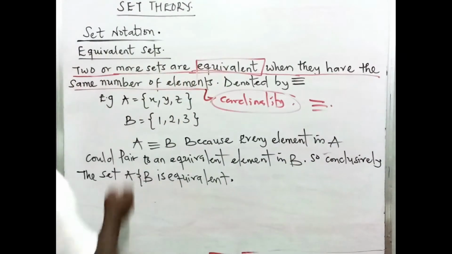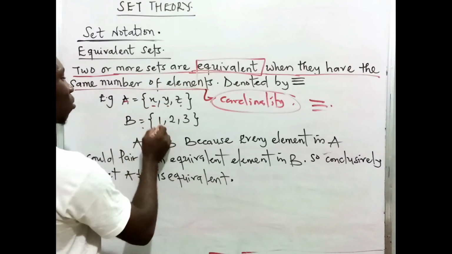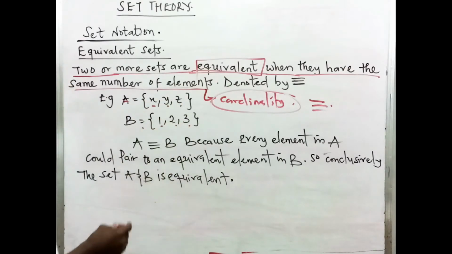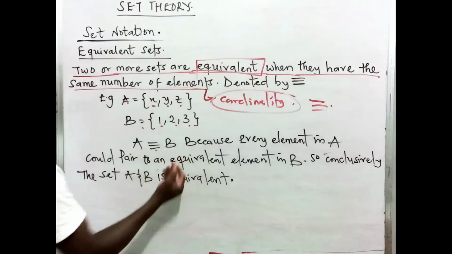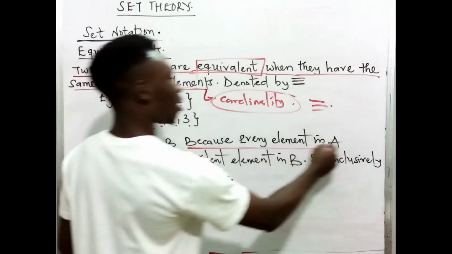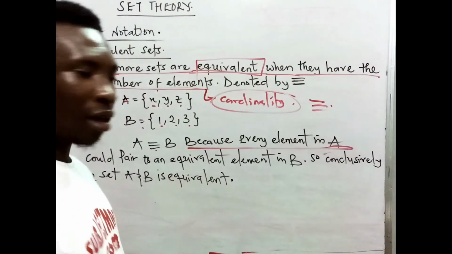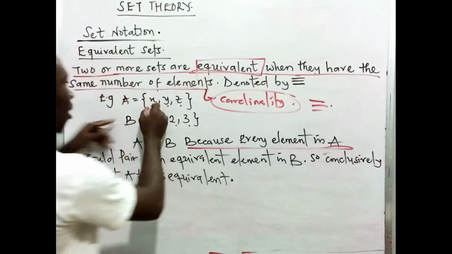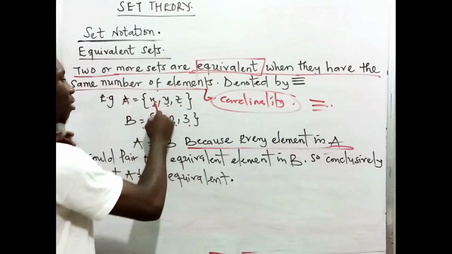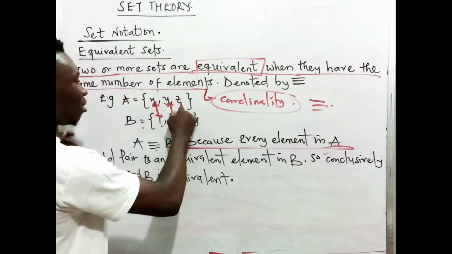Now look at this. Set A is equal to x, y, z. Set B is equal to 1, 2, 3. Set A is equivalent to set B because every element in set A can pair with an element in set B. Look at their pairing.